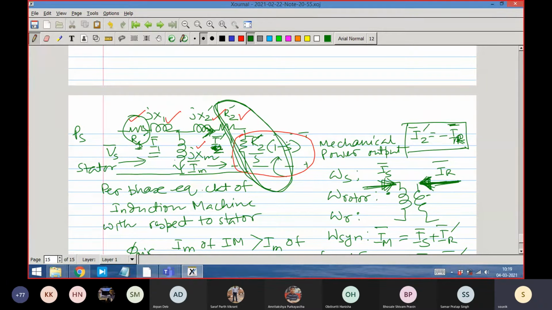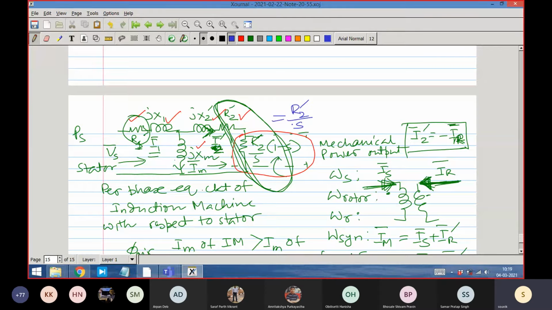So put together, these 2 resistances are R2 dash plus R2 dash by S into 1 minus S. Put together, if I sum them together, it is equal to R2 dash by S. So air gap power must be related to the power that is spent in R2 dash by S.